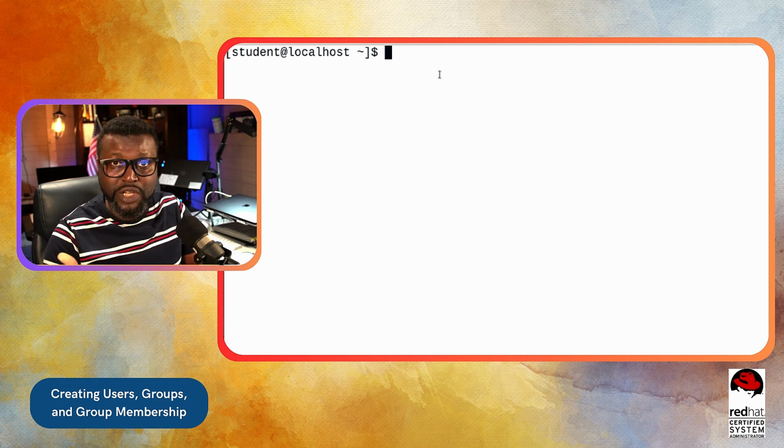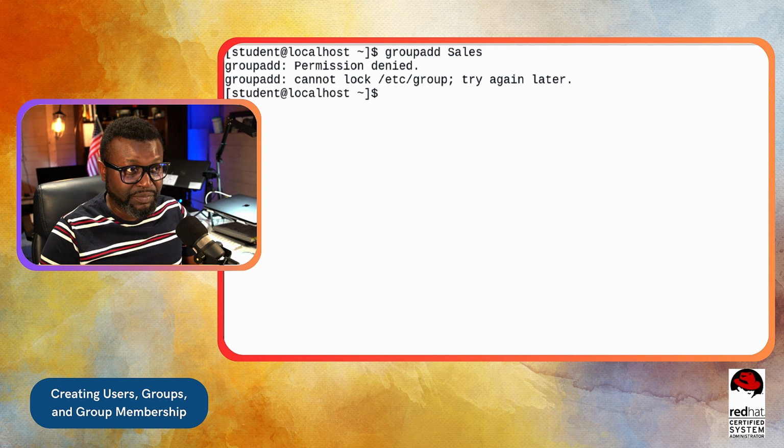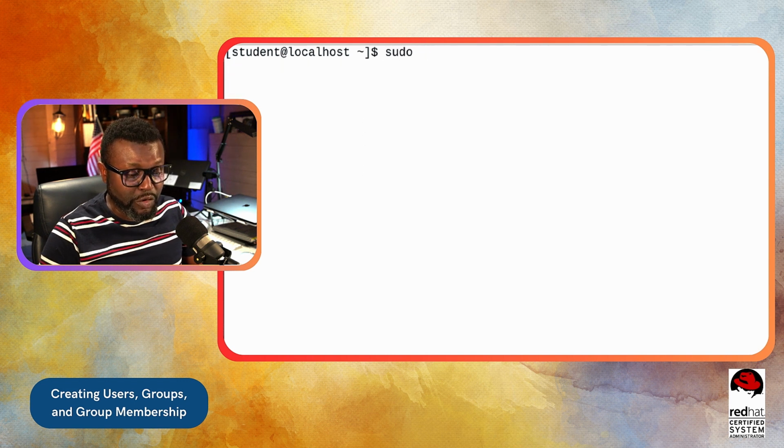When you have a question like this one, the first thing that you need to do is to create the group. To create a group, you just do groupadd, and we will call it sales. We're going to have to use sudo, so you do sudo groupadd sales.